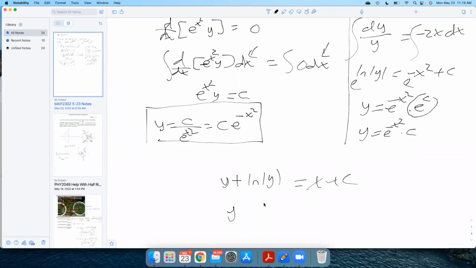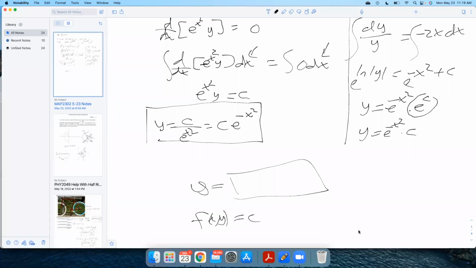And also for the exam, is implicit form always going to be acceptable? You'll always be able to tell by the way the question is asking. The question will specify. If it says y equals and there's a box, you have to solve it explicitly. But on exact DEs, we're solving for some function of x and y equals c.